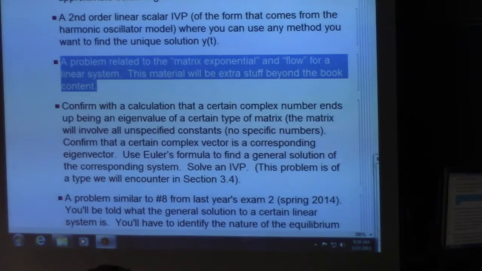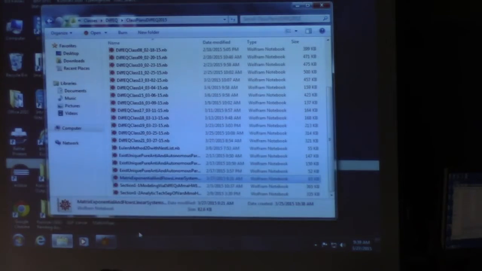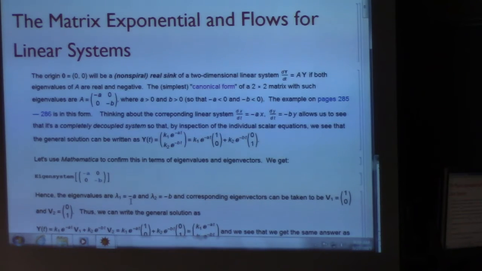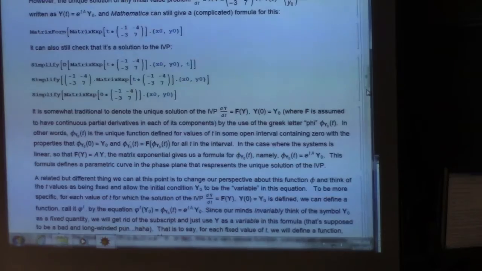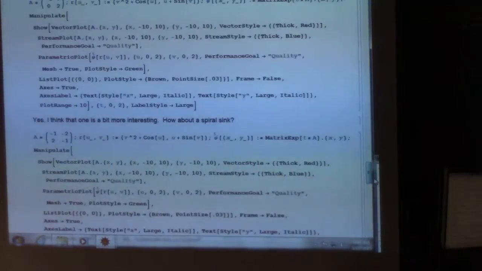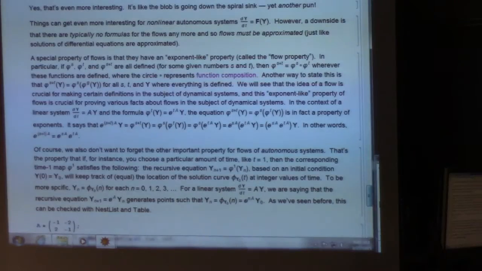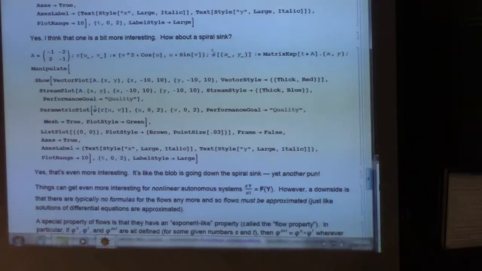I am going to post a notebook on Moodle that explains the matrix exponential more fully and its relationship to flows of linear systems. It's just extra reading, there are no questions inside of it. Let's go ahead and consider an example. Let's consider this example right here.